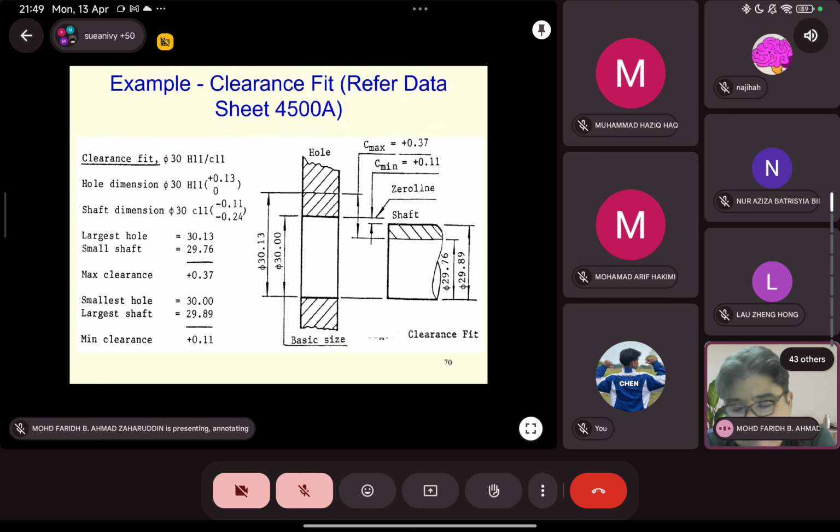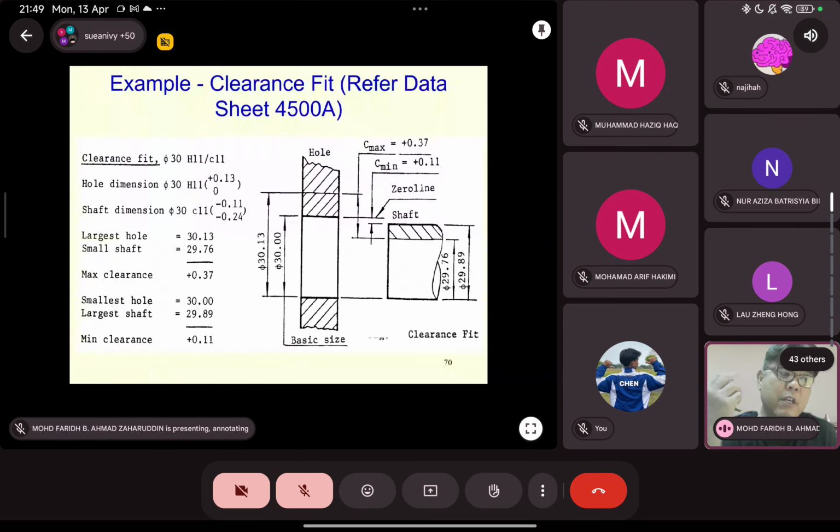Okay, now the last question, normally the fourth question in this topic. They want to know whether it is clearance or interference, normally, or transition. So how to tackle this question easily?